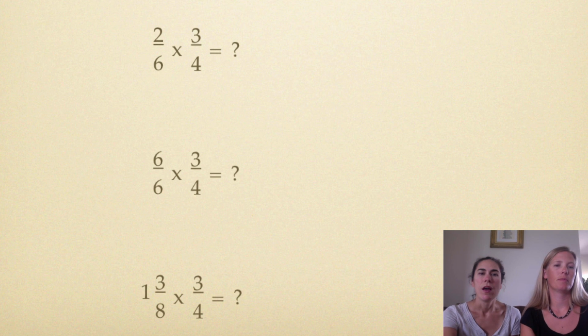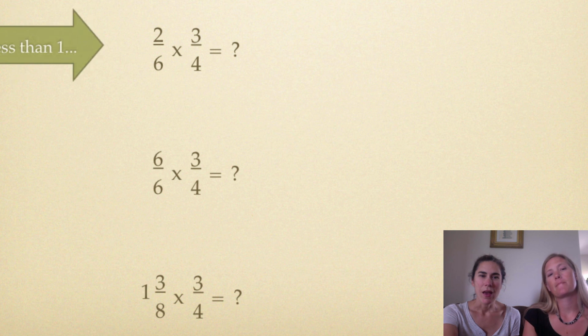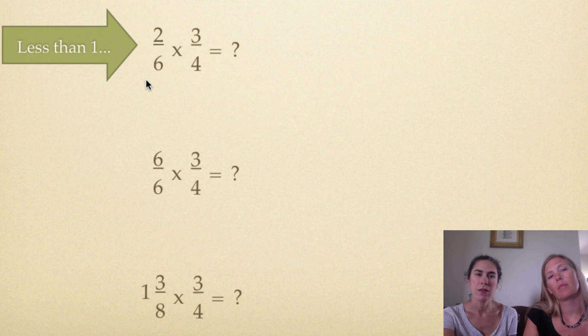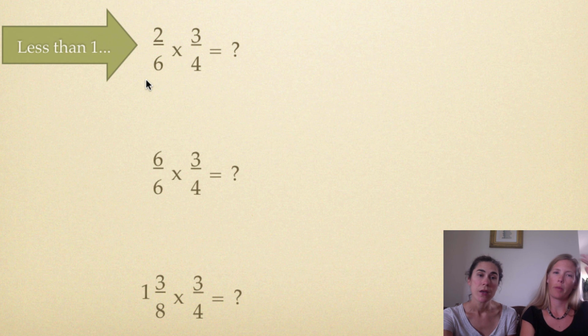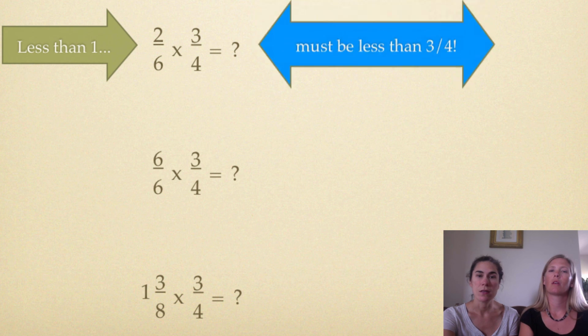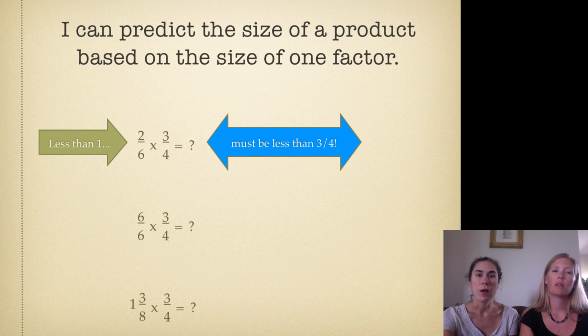Looking here, we have 2/6, and now that you're getting really good with fractions, you know that is less than 1. So since 2/6 is less than 1, your answer must be less than 3/4.